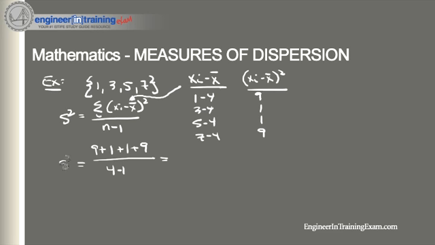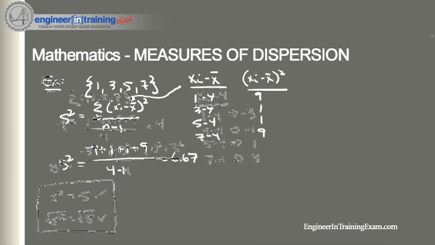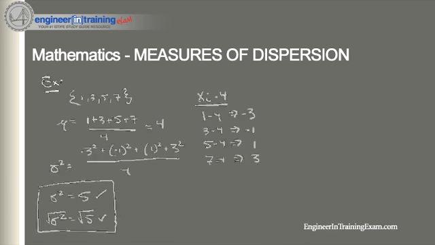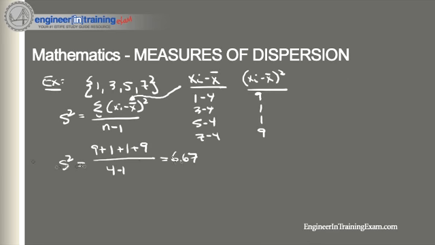And we find that the sample variance is going to be equal to 6.67. Now recall last time when we were looking at the population, we saw that the population's variance was 5. And now using the same observations but just dealing with a sample, we have a sample variance of 6.67. So that's how it's different. Now the standard deviation is simply the square root of the sample variance, which is equal to the square root of 6.67.